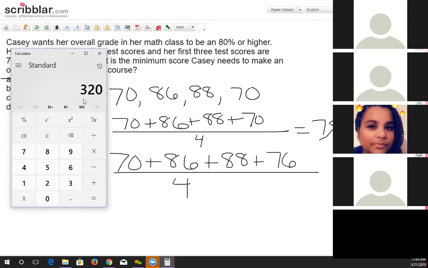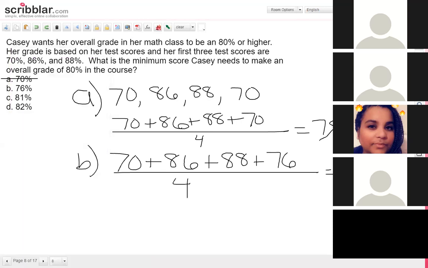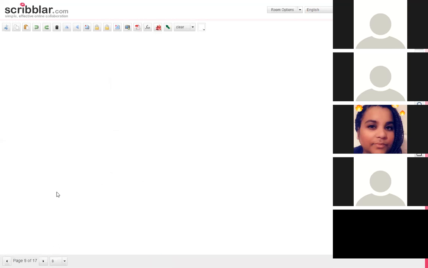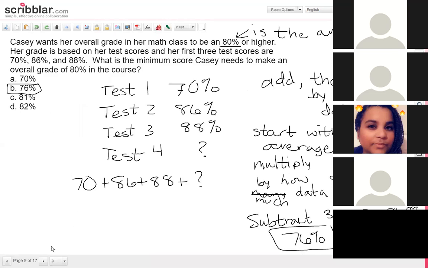We get 320 divided by 4 is that 80%. So we got the correct average, and we know that answer choice B is our answer. So just a second way to solve that same type of question. Only works if it's multiple choice though.